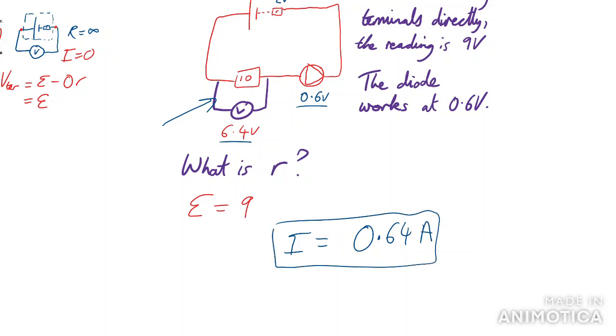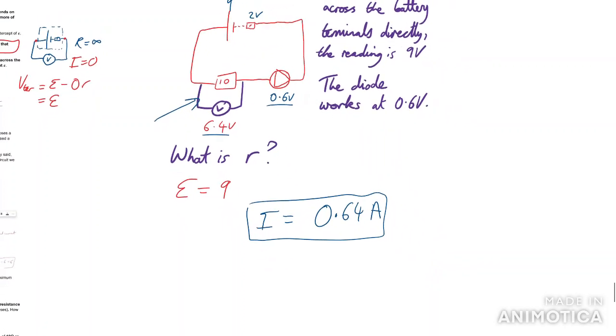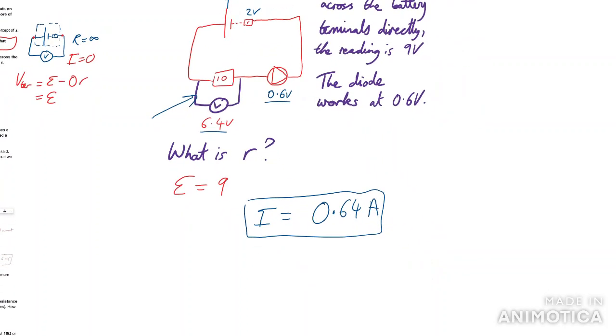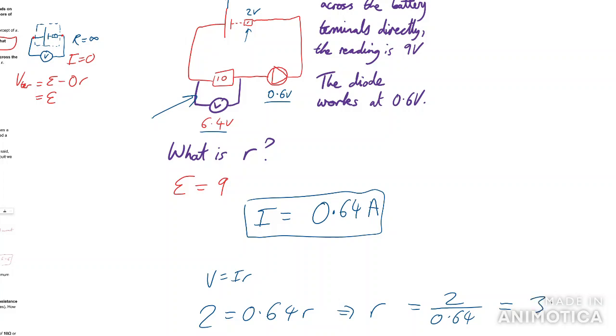Okay, and now that we've done that, we've now got everything we need, because we can say, well, across the internal resistor, we've got that V equals IR, and so 2 is equal to 0.64 times R, and so the internal resistance is just going to be 2 over 0.64, which is something like 3.2, who knows.